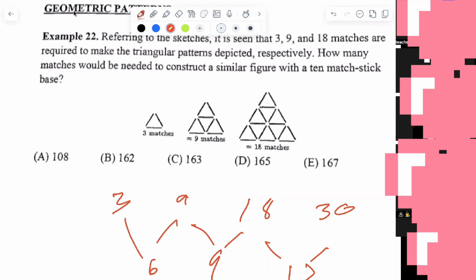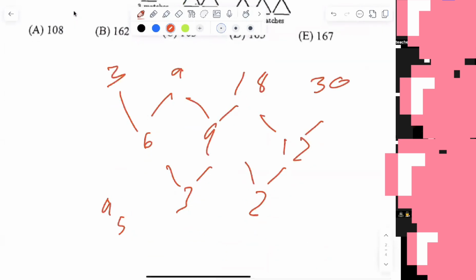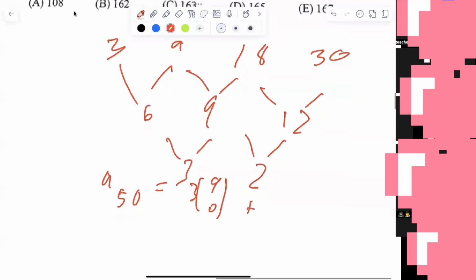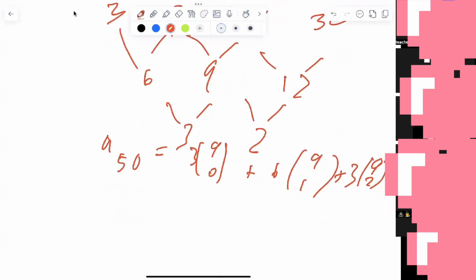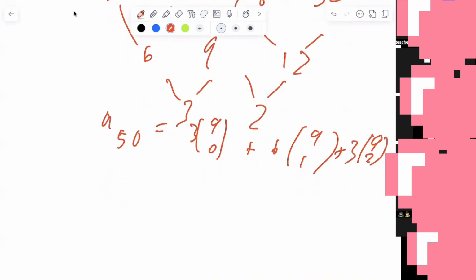And then from there, we want a sub 50 is equal to 3 times 9 choose 0 plus 6 times 9 choose 1 plus 3 times 9 choose 2. From there, 9 times 8 divided by 2 gives you 36. And 3 times 36 gives us 108. 6 times 9 choose 1 is equal to 54.